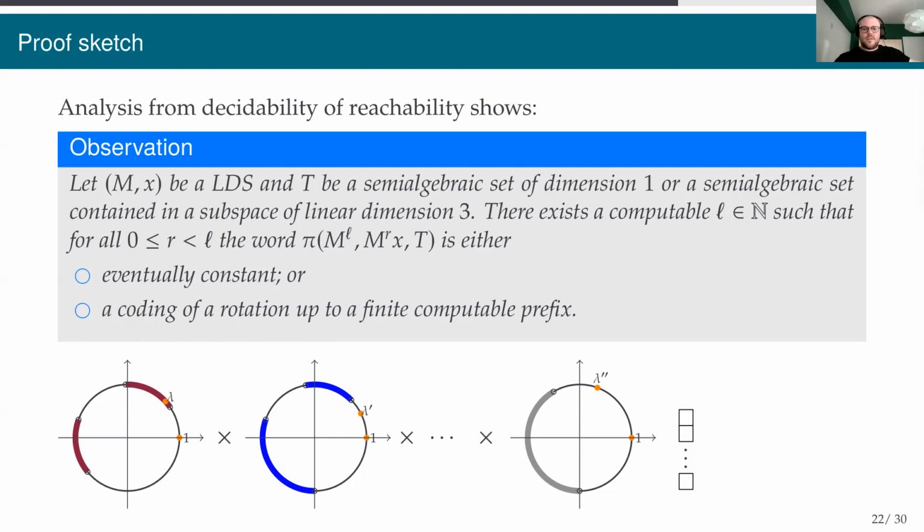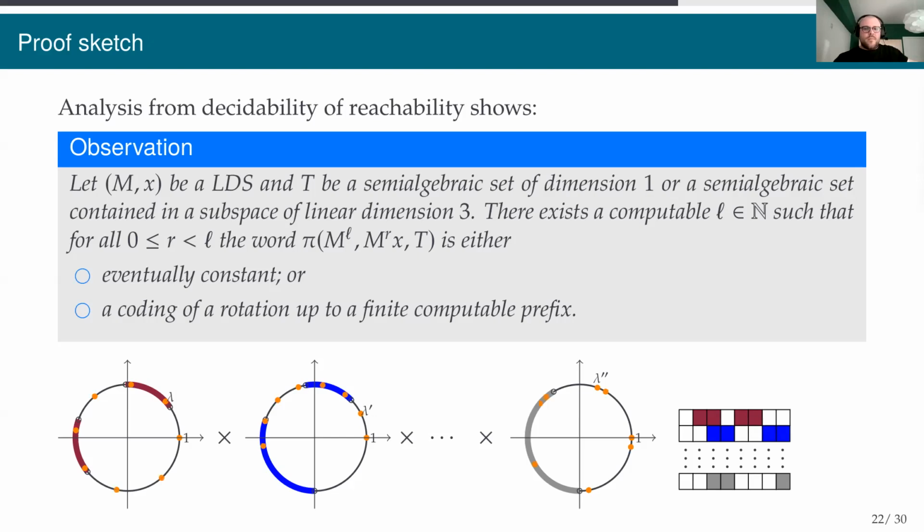So this is coded by white. When you take one iteration of your system, the first component you see hits the red target. The second one does not hit the blue target. And the last one does not hit the gray target. So you just have your letter red, white, white, and so forth. And you can start building this system like this.